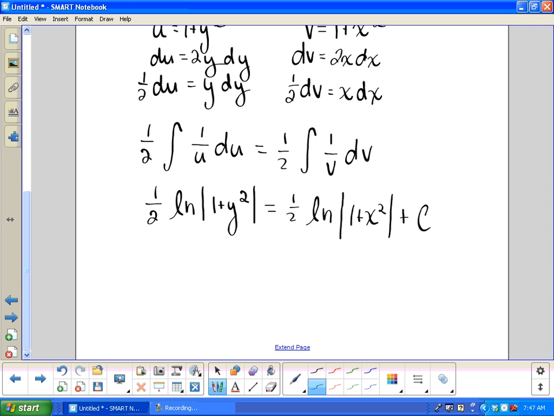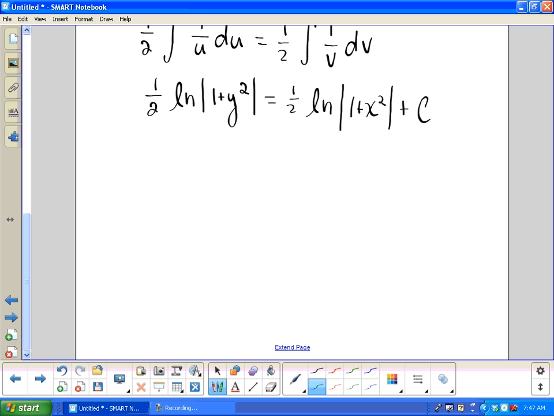Before I do that, I generally want to make it as simple as I can on both sides, meaning I don't want any extra constants or anything out in front of my natural logs. If I ever had more than one natural log, I'd want to put them all together. But in this case, all I want to do is use my power rule for logs and make those powers instead of constants out front.